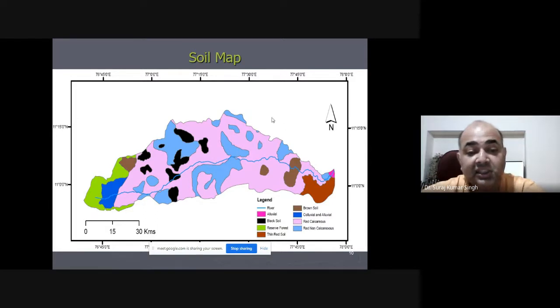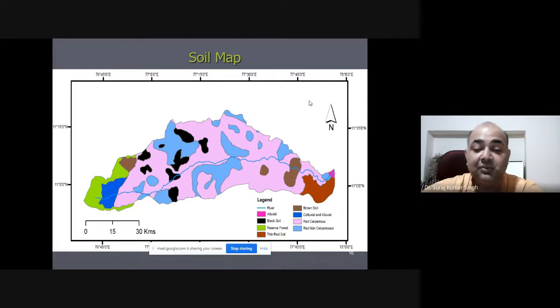You can see that we used the NBSS, the National Bureau of Soil Survey and Land Use Planning, which is the department that looks after the various classifications of soil types in India. Using those maps, they were georeferenced and brought to the spatial dimension, and then satellite remote sensing was used to map and identify each and every parcel of land according to soil map, soil texture and soil type.